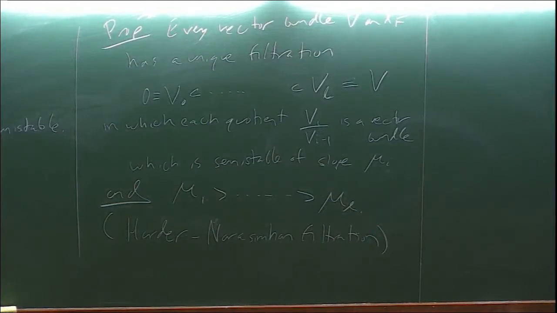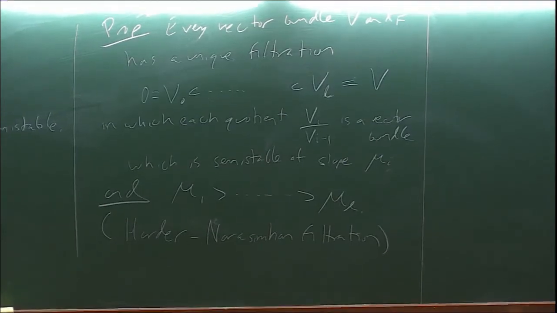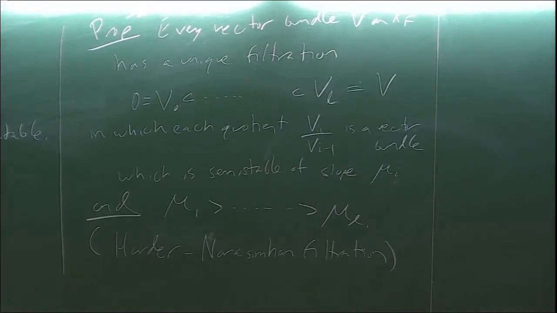I got tangled up with this last time. Once you have the basic properties of the situation, it's a relatively formal construction. But you do have to prove something in order to show this exists, so that's why I didn't write it as a definition. It's formal, but it's not entirely trivial.